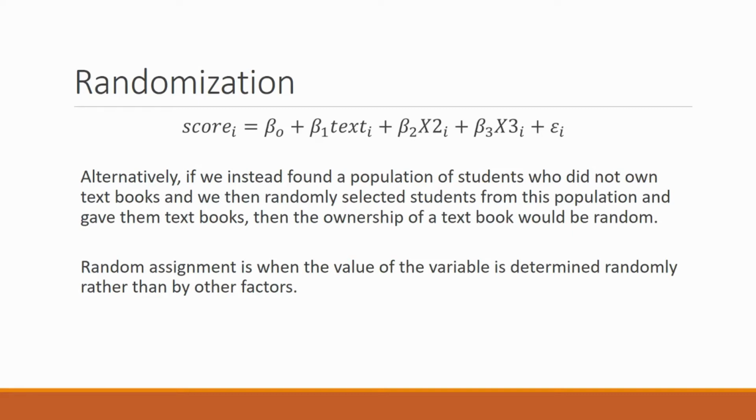Okay, so now the variable of interest, ownership of a textbook, is being assigned randomly. It's randomly determined who owns a textbook and who doesn't, which means now there's no other factor that is determining whether or not someone owns a textbook. It's determined purely by chance.